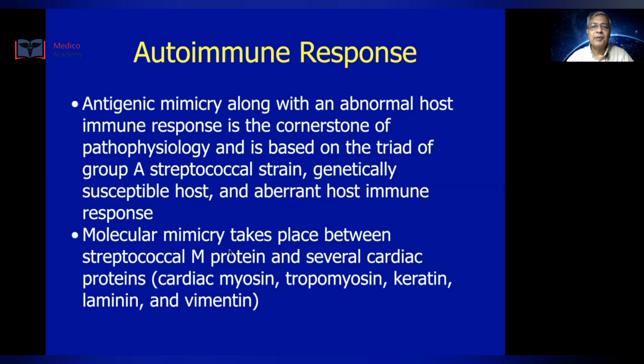This molecular mimicry takes place between streptococcal M proteins, which are present in the group A streptococci, and several cardiac proteins. The common cardiac proteins are cardiac myosin, tropomyosin, keratin, laminin, and vimentin.